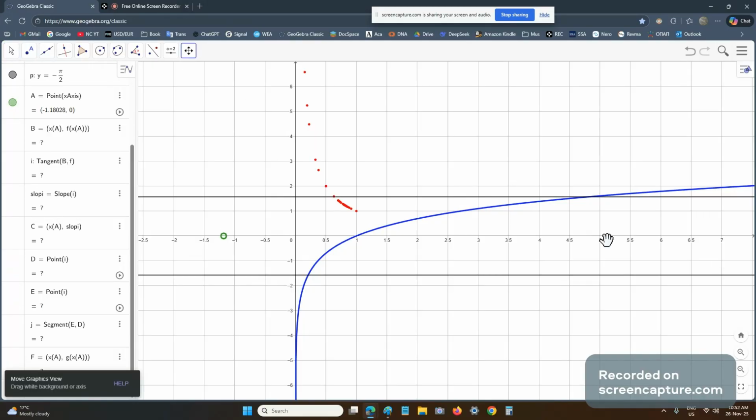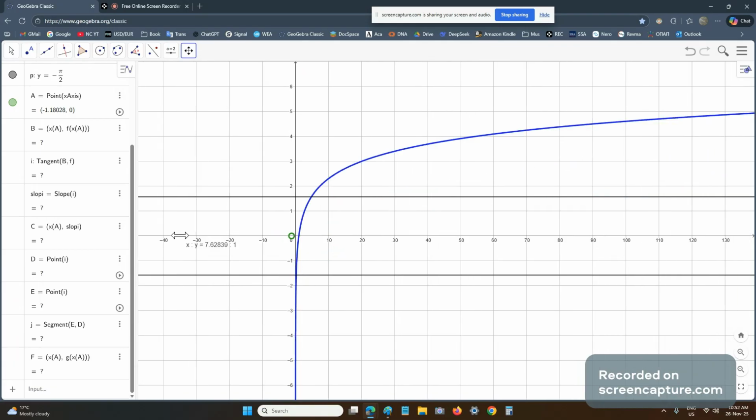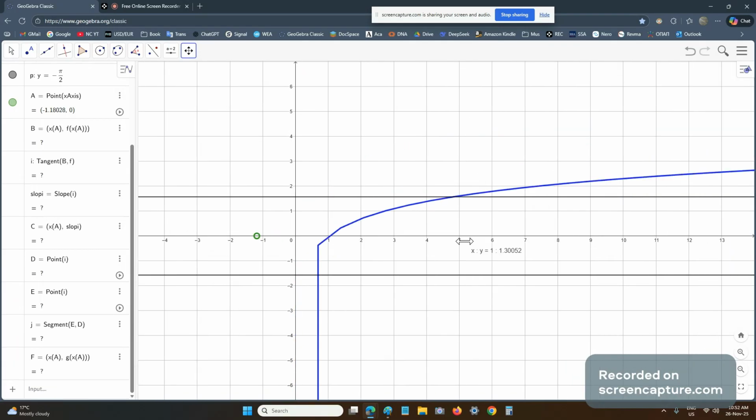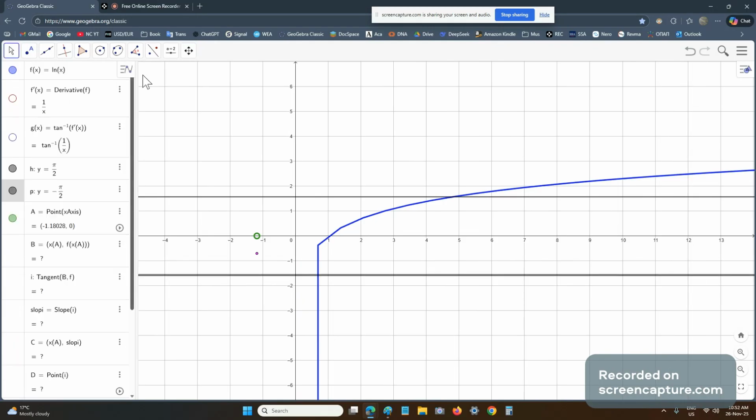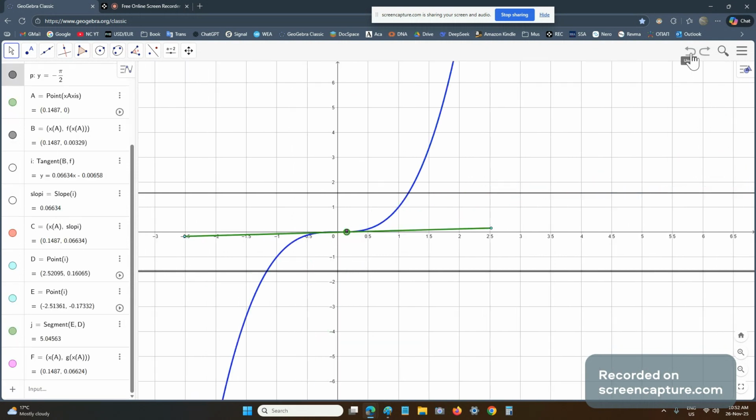So let's see if we can bring it in. It seems to have disappeared. All right, never mind. Let me go back to what I had and bring that dot closer.